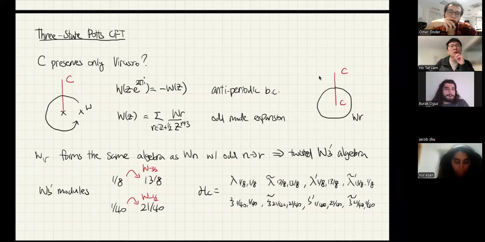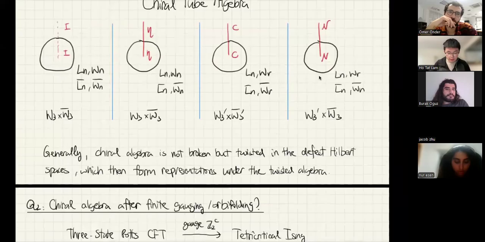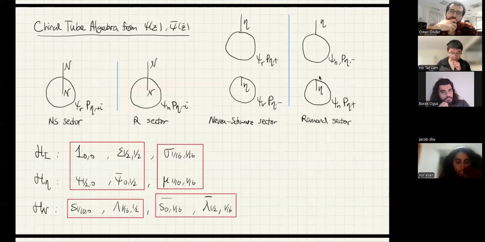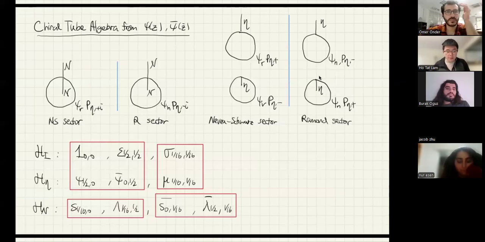I wouldn't say they are the same effect. What you have in mind is actually closer to this: your symmetry acts in a local Hilbert space as a linear representation, but then it can act projectively in a defect Hilbert space. I think that's closer to what happens in the Callan-Rubakov effect. This actually happens in, for example, a Z2 symmetry in Ising, which acts just as plus or minus sign on local operators, right?